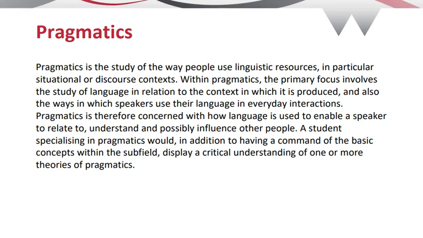So pragmatics concerns itself with how language is used, and remember that speech communities use language. Language isn't an independent entity. It depends entirely on its speakers. Language is dead until it's spoken. How is language used to enable a speaker to relate to and understand and maybe influence other people? So if I use the word bachelorette to my friends, they might like that word. They might really enjoy using that word with me, but I might be wary using it with people whose belief systems I'm not sure of.